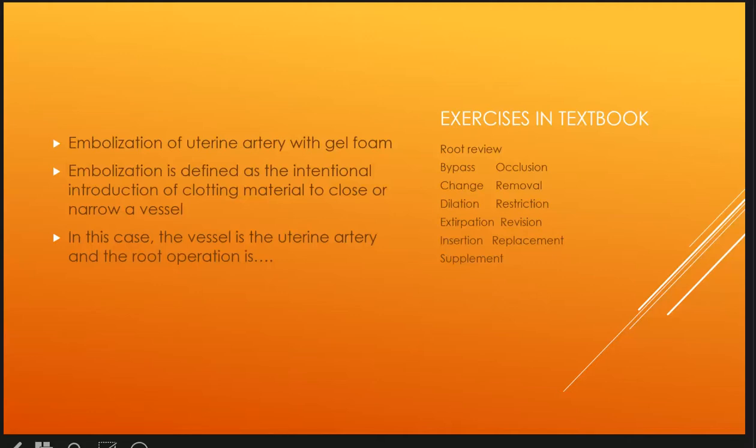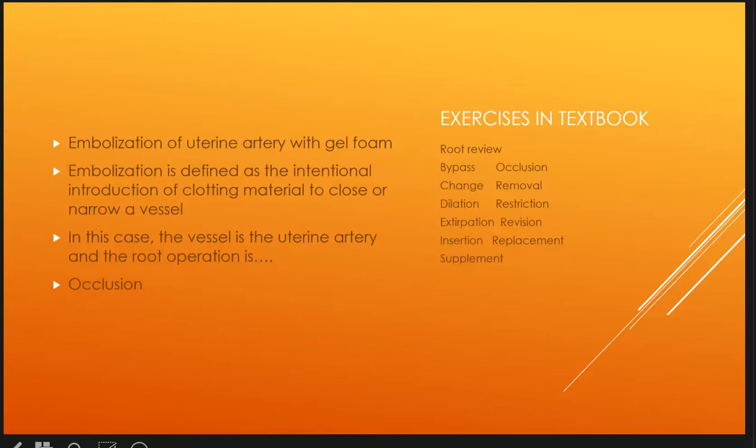In this case, that vessel is the uterine artery, and the surgeon or the physician is going to be using this gel in order to achieve that effect. So that intention relates then to which of those root operations, in this case, one of the selections from the right. The answer when we look at that is occlusion.